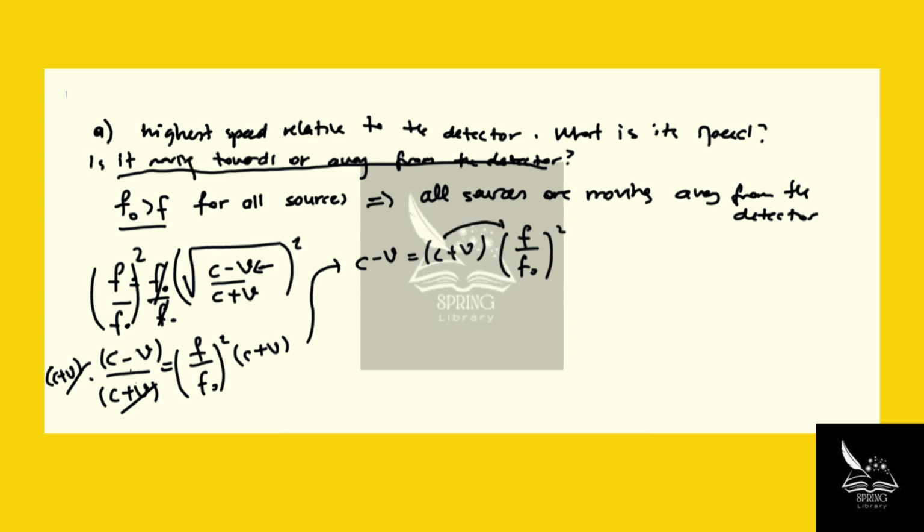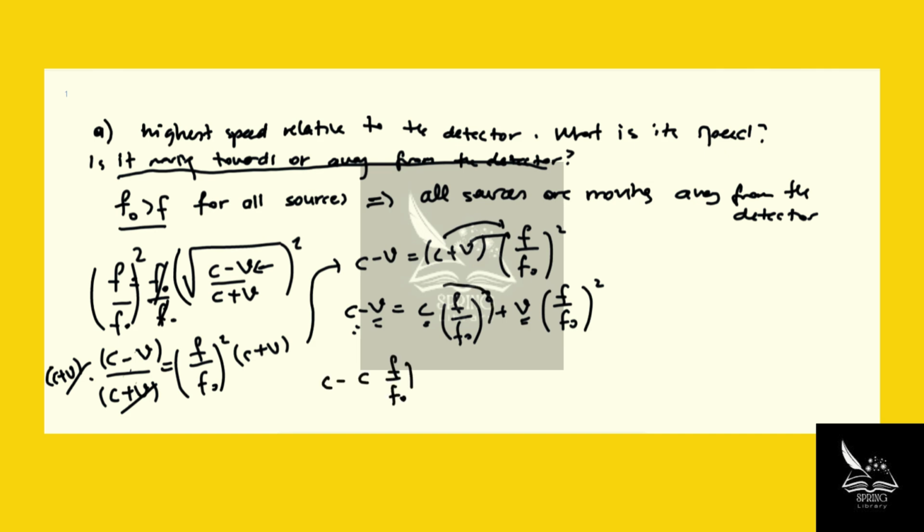Now I'm going to distribute these terms. C minus V equals C times (F over F naught) squared plus V times (F over F naught) squared. Now we have 2 terms that have V in them and 2 terms that have C, so I'm going to take this term to the left-hand side. C minus C (F over F naught) squared is going to be equal to V (F over F naught) squared plus V, right?